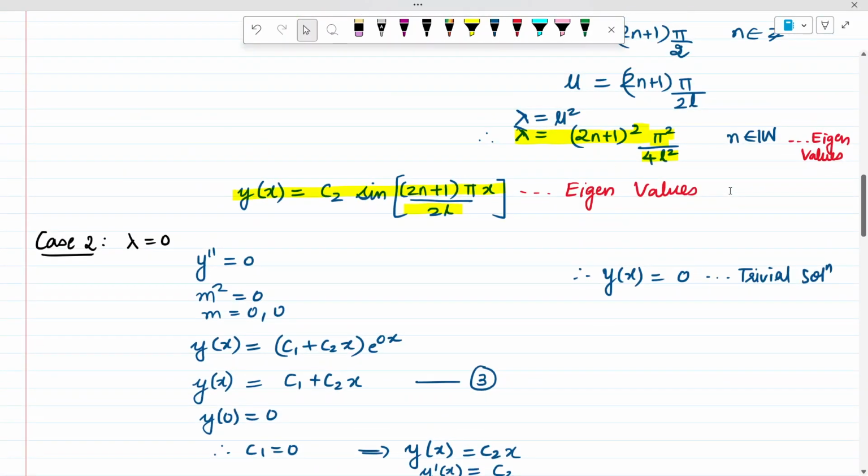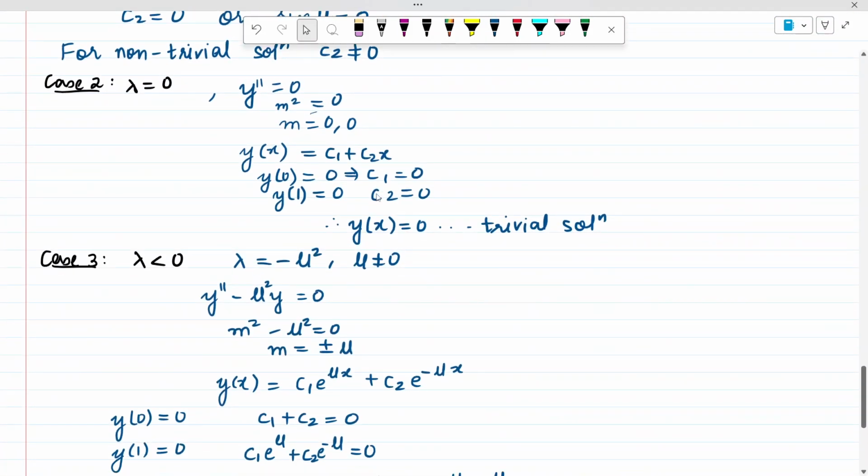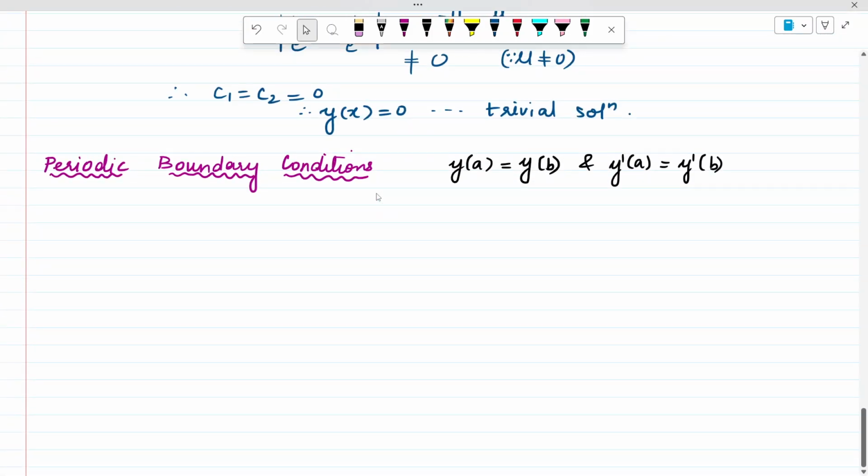If you look at the previous question, we were left with again sin, not necessarily always sin, but only one function will be remaining. Meaning cos vanishes then sin remains, sin vanishes then cos remains, only one function remains. When we talk about periodic boundary conditions, you will have 2 linearly independent functions remaining. Okay, so that's what is going to happen here.